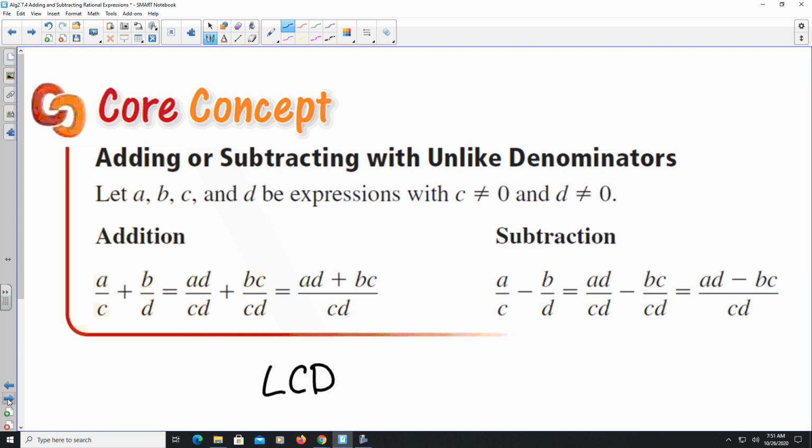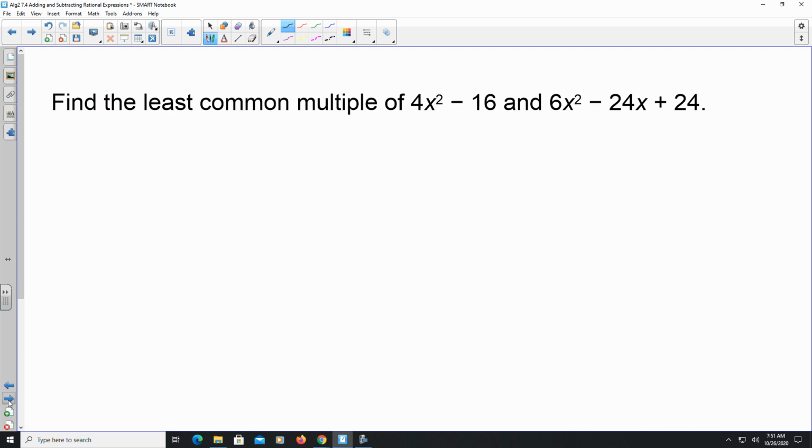In order to do that for these types of expressions, especially with polynomials, what you're going to do is this. This one here is not a fraction, but what they want us to do is find the least common multiple of these expressions. So I have 4x squared minus 16, and 6x squared minus 24x plus 24.